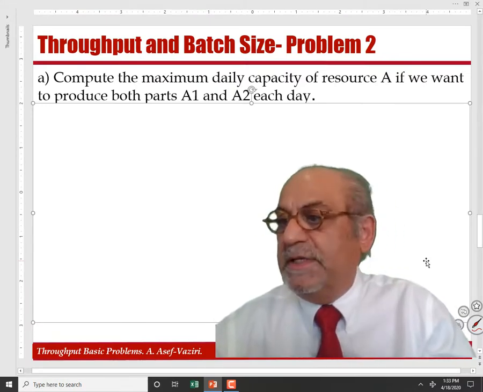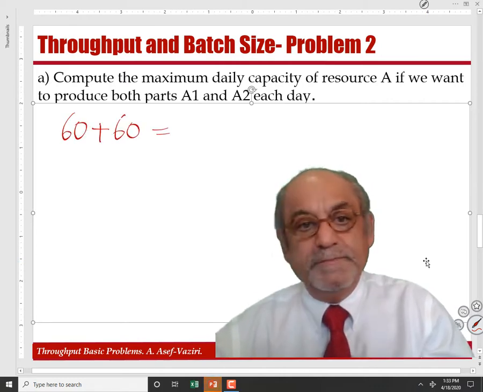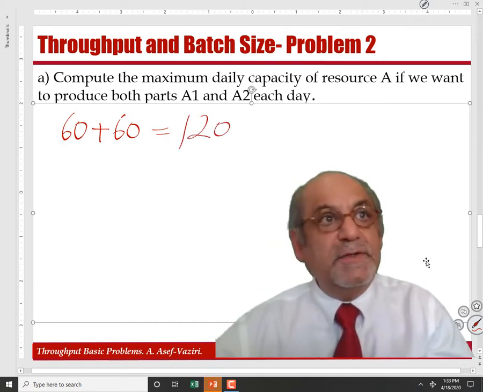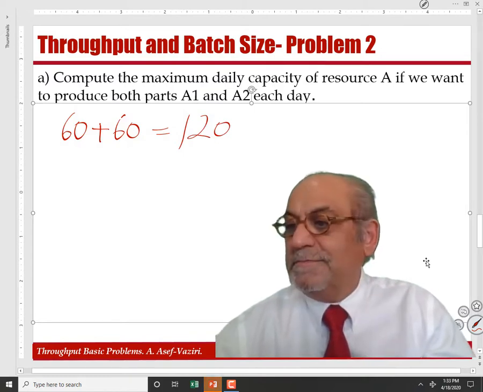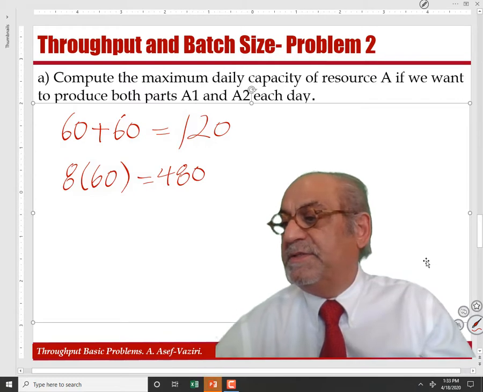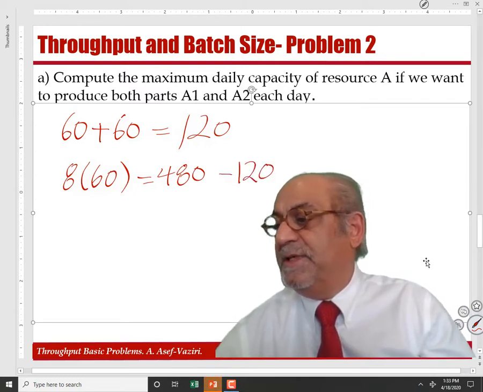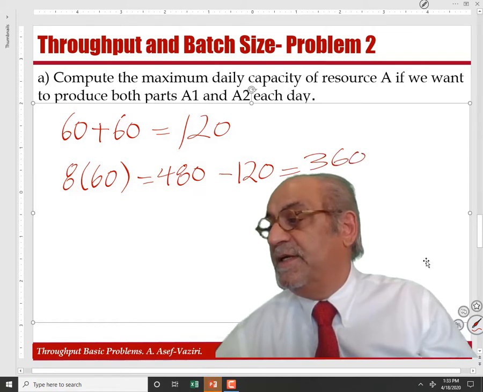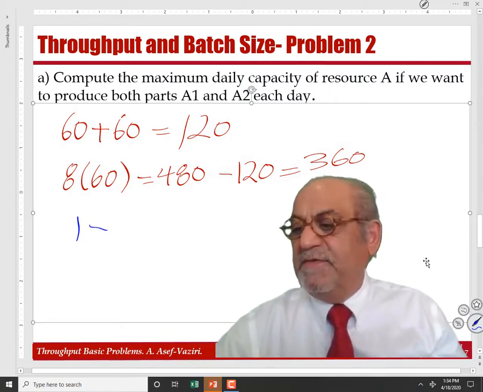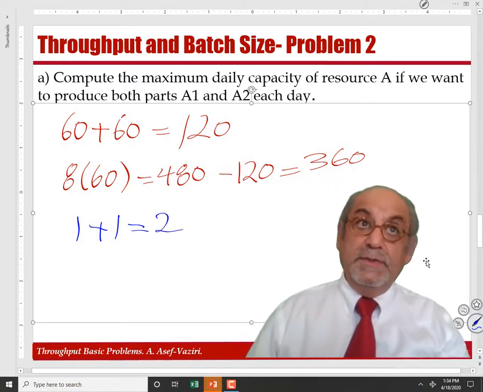This is the best we can do. Setup time of product A1 is 60 minutes, and for A2 another 60 minutes. They both together need 120 minutes. A day is 8 multiplied by 60, equal to 480 minutes, minus 120 minutes is 360 minutes. 1 unit of A1 needs 1 minute, 1 unit of A2 needs 1 minute, they both together need 2 minutes.